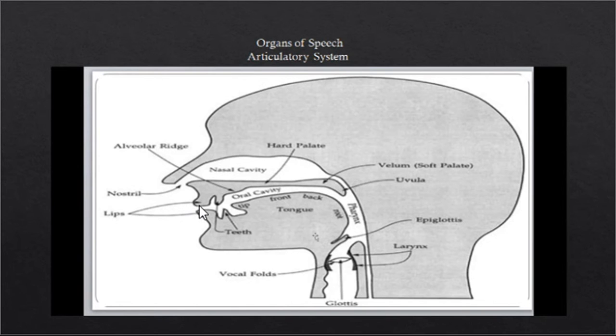Imagine your mouth. These are lips. Upper lip, lower lip. This is the nostril. This is the nasal cavity. This is your tongue. And your tongue is divided into tip, front and back part. In front of the tongue you have the hard palate, and if you observe, there is a hanging part.